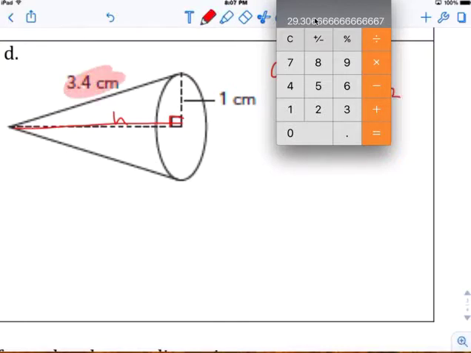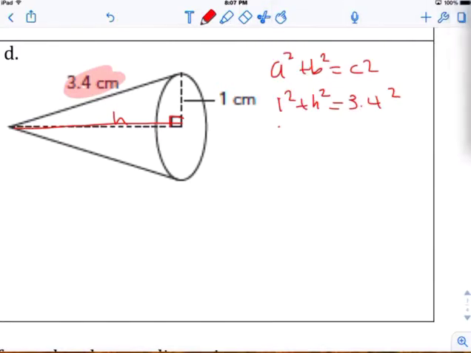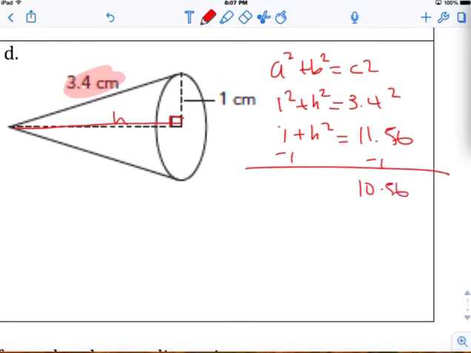3.4 squared. So, sorry for the calculator there. 1 plus h squared equals 3.4 times 3.4, because I don't have a calculator that has the squared in it. So 11.56 minus 1, you get 10.56 equals h squared. Take the square root.